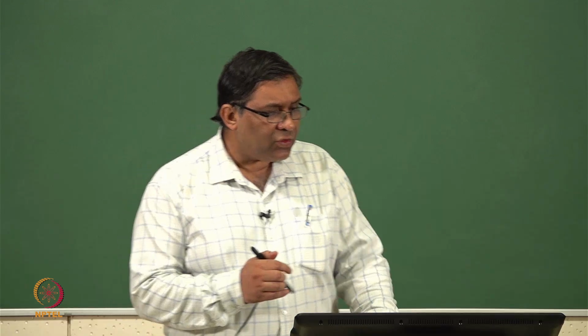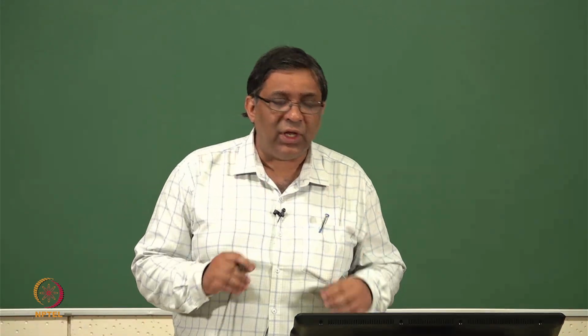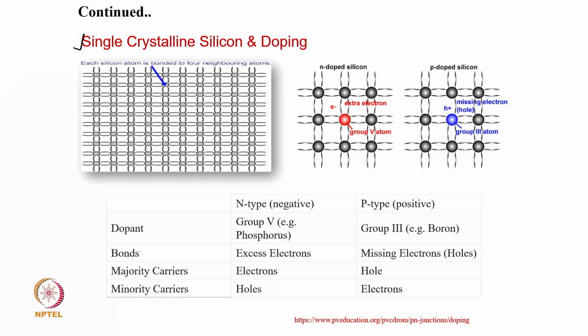So when you talk about single crystalline silicon, this is the typical atomic structure you see in case of single crystal silicon. As I mentioned, it is in a cubic symmetry, this silicon as a material. But if you look at atomic level, one silicon atom is basically coordinated with 1, 2, 3, 4 silicon atoms with 4 bonds.